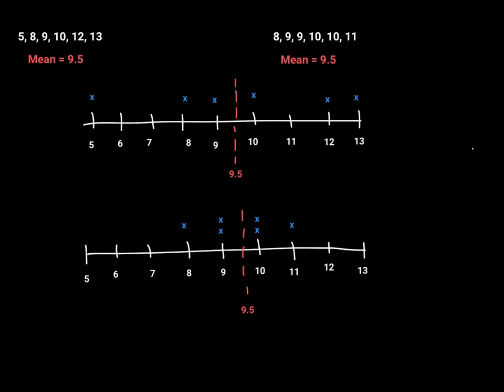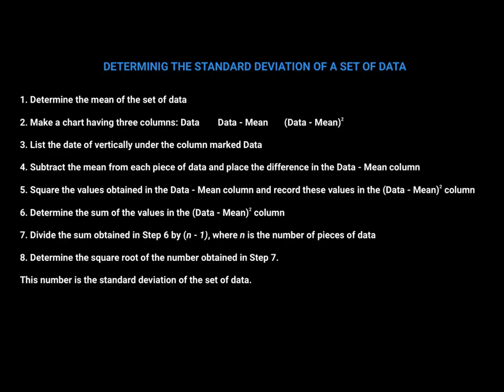At other times, a larger spread of data is desirable or expected. So here we go. Let's look at how we are going to determine the standard deviation of a set. These steps can be followed for finding the standard deviation of a set of data. So we're going to jump into an example here that illustrates this procedure. So let's go for it.